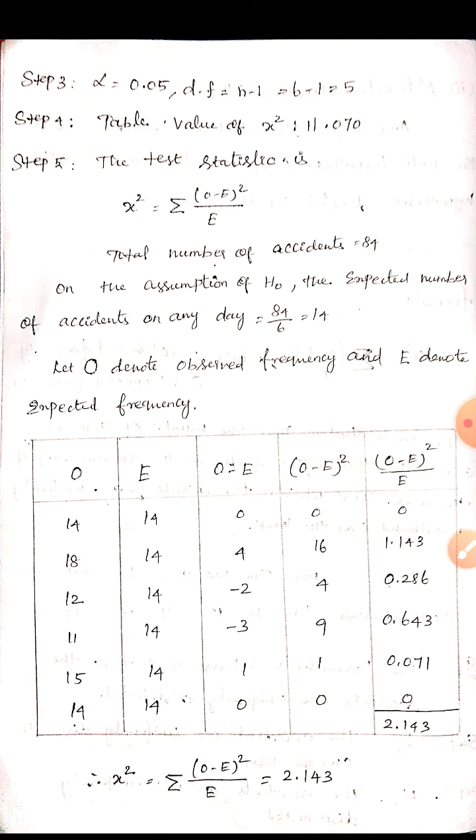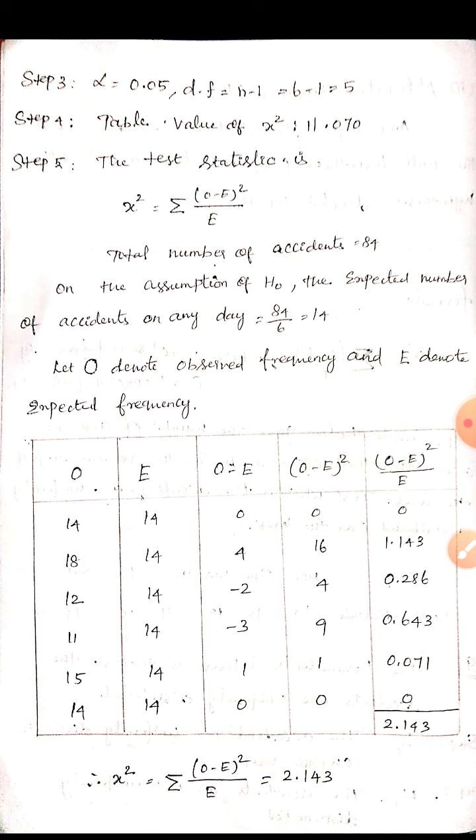The total frequency is 84. Then find the expected frequency for all data, which is just the mean value: 84 divided by 6 equals 14.